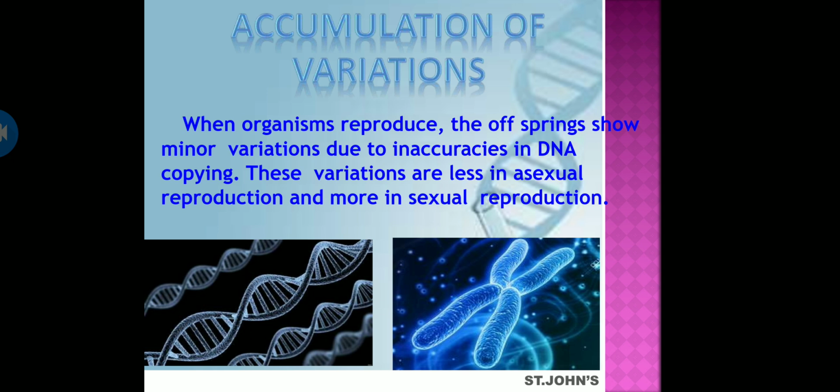Two different individuals are involved, and each individual has their own set of variations. For example, the mother has a certain set of variations and the father has a certain set of variations. Both combine together to give an offspring, and both the variations get transmitted through the DNA into the offspring. So this can be one of the reasons for variation.